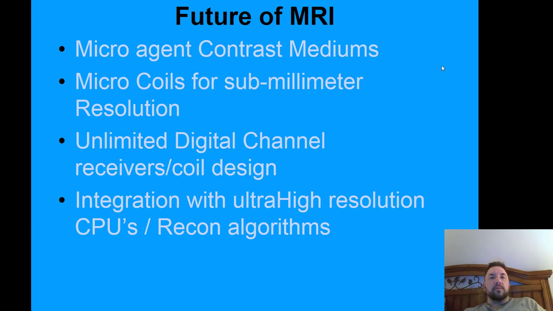Future of MR, I was just reading some RSNA stuff from the other day. Microagent contrast mediums or other agents that are not gadolinium based. Microcoils, unlimited digital channel receivers design. Just this week, GE came out with air coils, so lighter coils that aren't going to have the burn component to them. Flexible coils that go over patients, and really the imaging aspect behind that could be pretty tremendous.